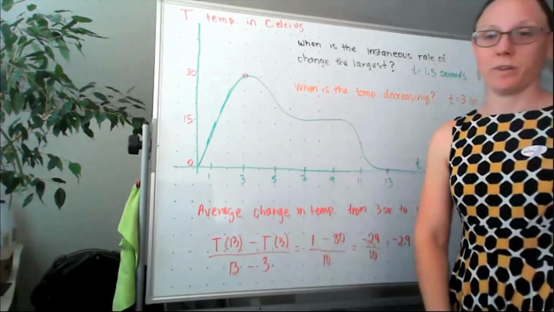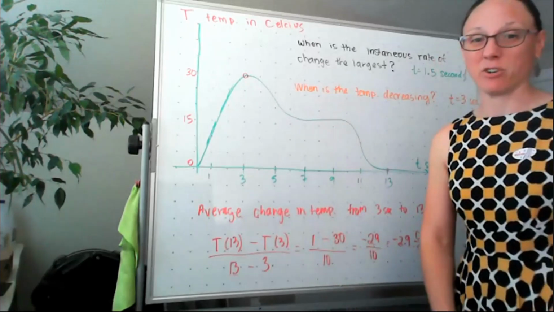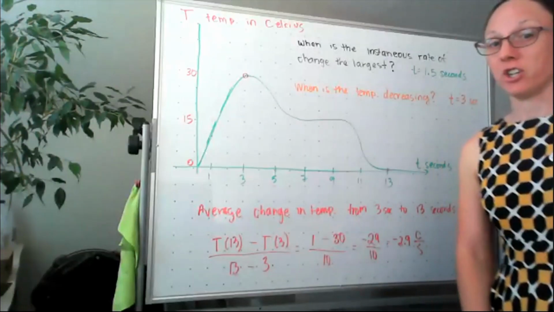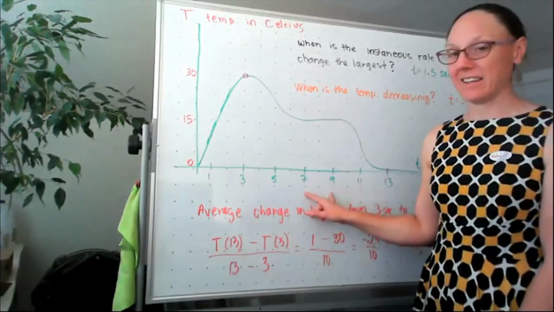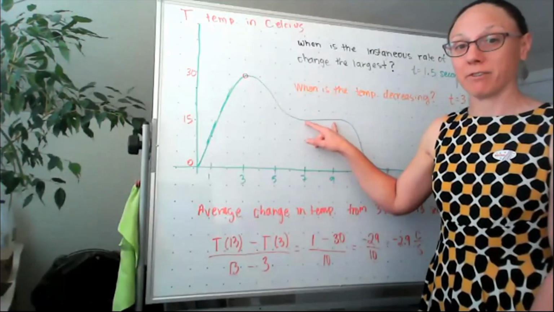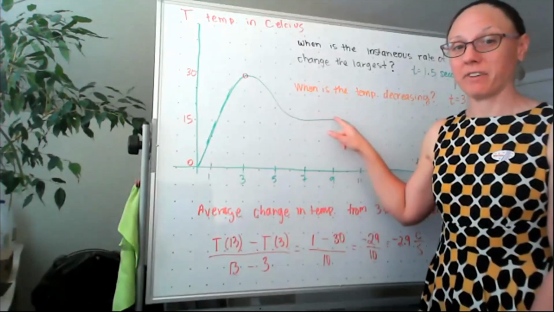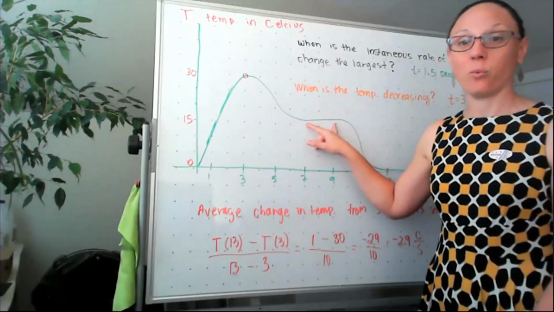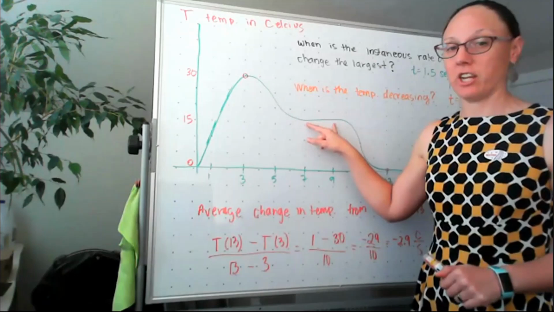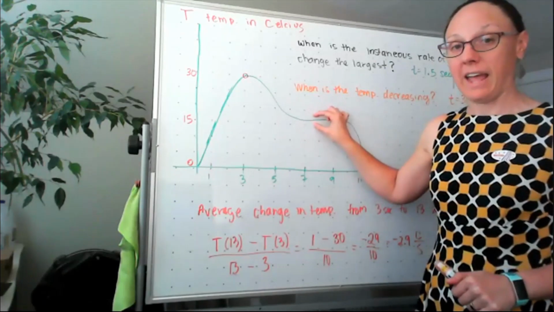I don't know what else we could ask here. I could ask for the average rate of change, like maybe from 7 to 9 seconds. Well, if I look at this graph from 7 to 9 seconds, it's perfectly flat. So both the instantaneous rate of change and the average rate of change would both be 0, right?